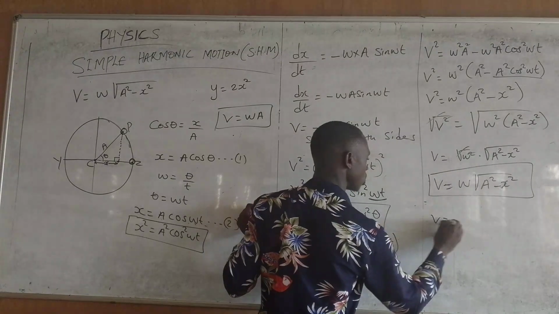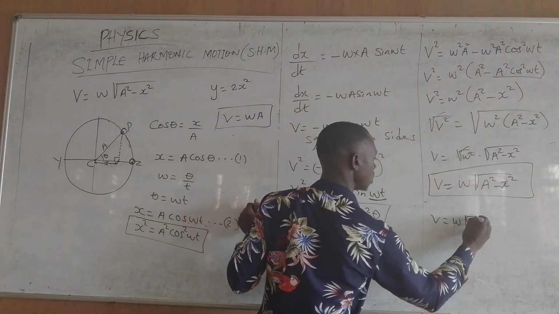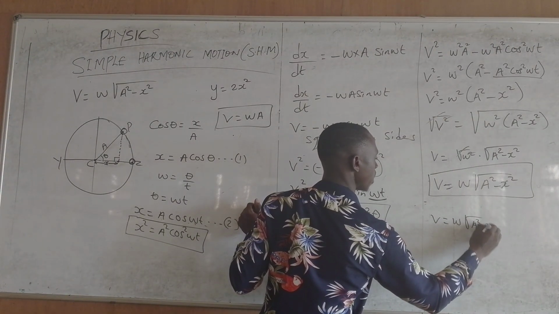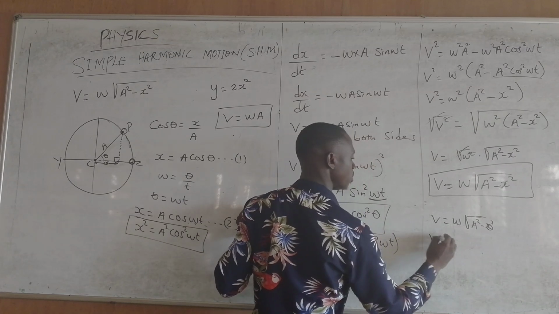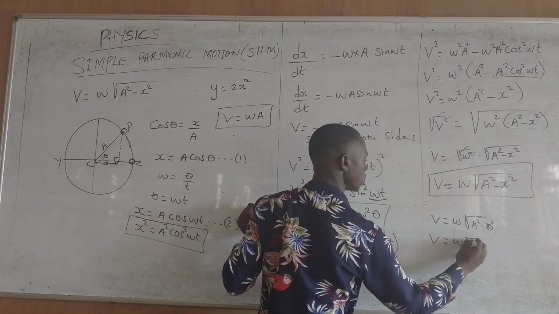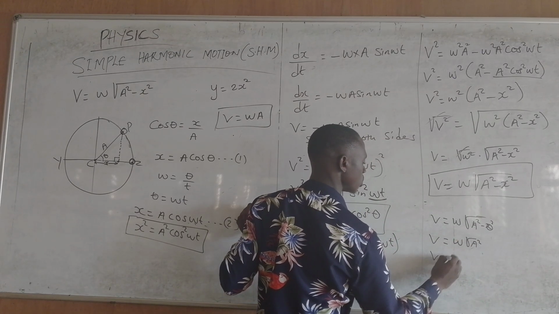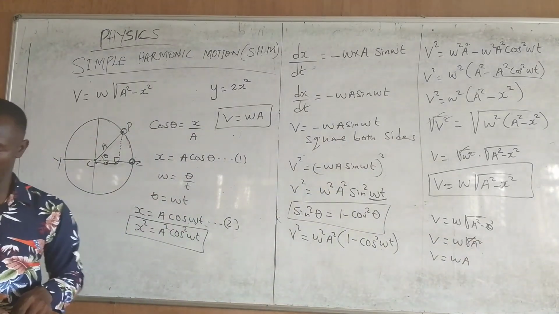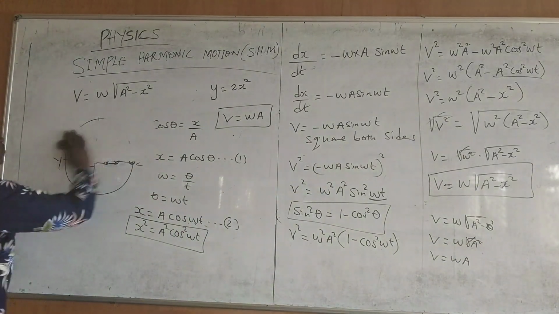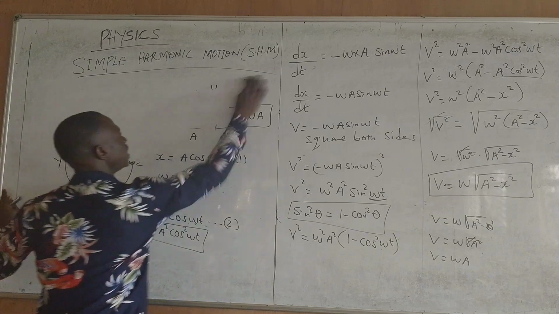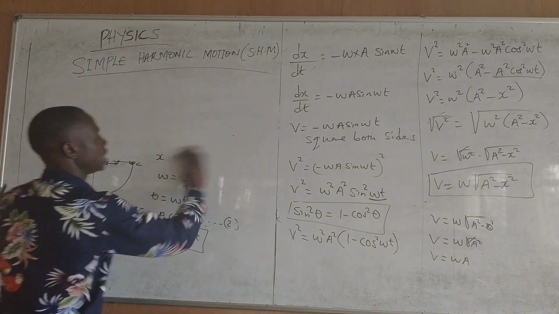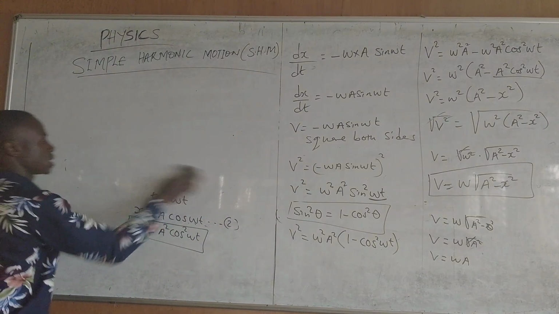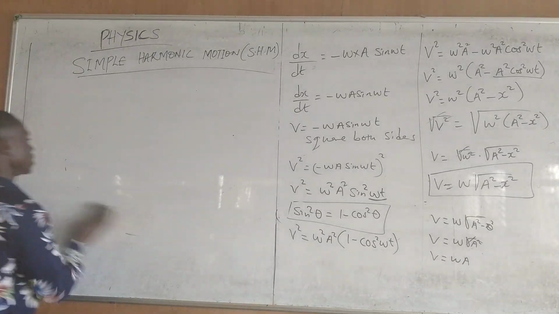We have v equals omega root a square minus 0 square, and v will be equal to omega root only a square. So v will be equal to omega A, because the root cancels the square. Then let me tell you the implication of this formula, and then I'm going to give you an example to buttress my point.